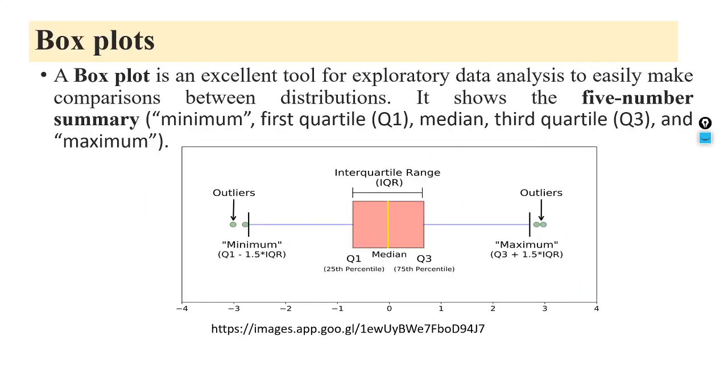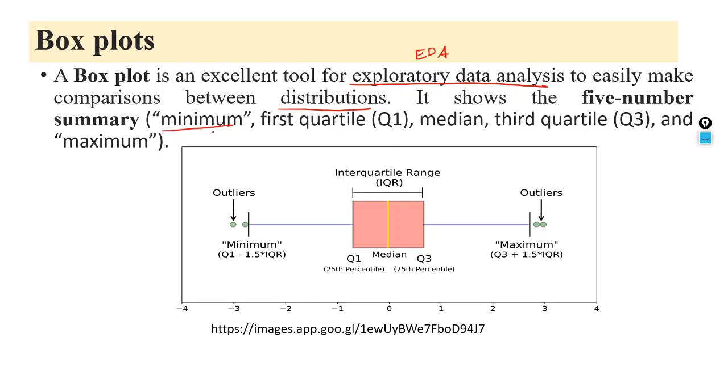Box plots. A box plot is an excellent tool for exploratory data analysis, which is called EDA. It easily makes comparisons between distributions. The box plot shows the 5 number summary. What is the 5 number summary?